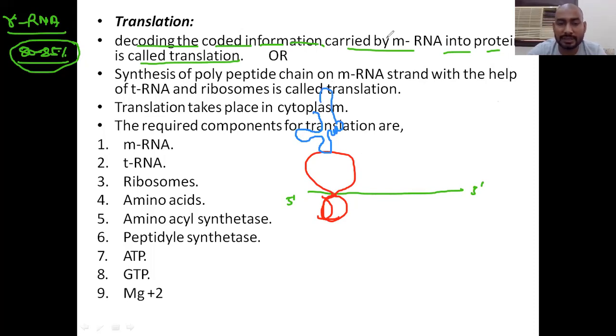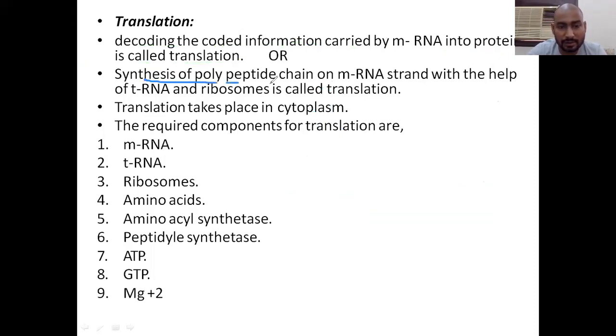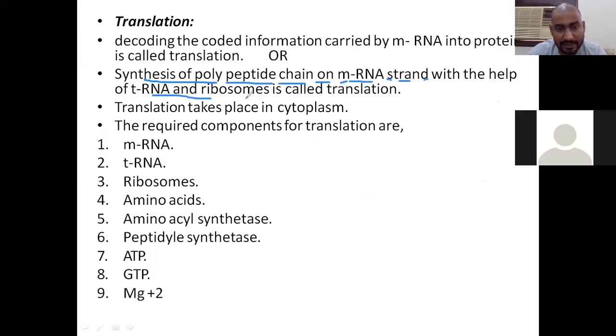In this way, synthesis of a polypeptide chain from the mRNA strand with the help of tRNA and ribosomal RNA is called translation. These three together are involved in the translation phenomenon. Translation takes place in the cytoplasm.